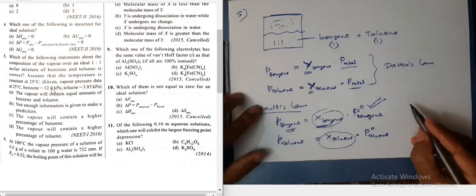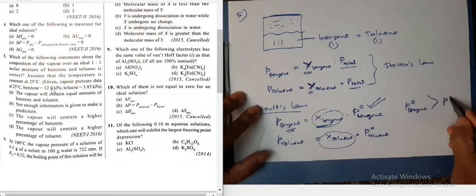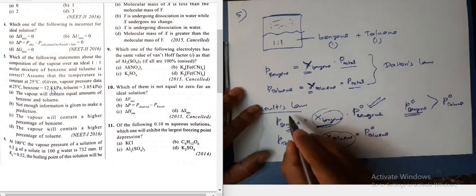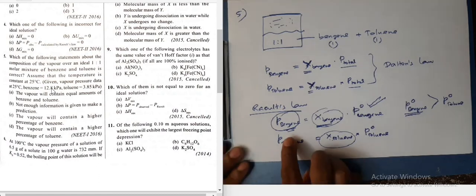The vapor pressure of pure benzene is greater than the vapor pressure of pure toluene. Therefore, the vapor will contain a higher percentage of benzene compared to toluene in this solution, if it is an ideal solution. Is this clear, students? Any doubt here?